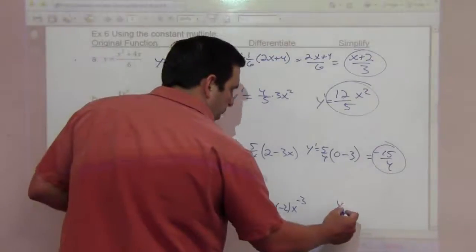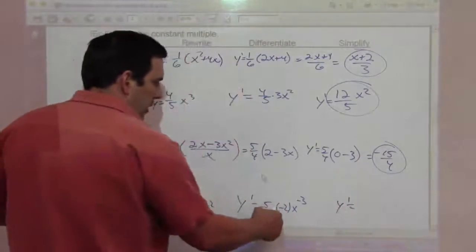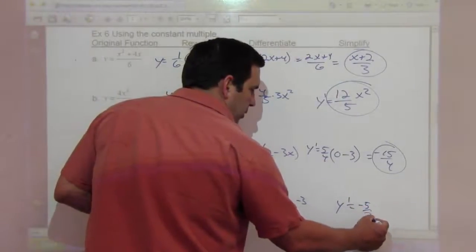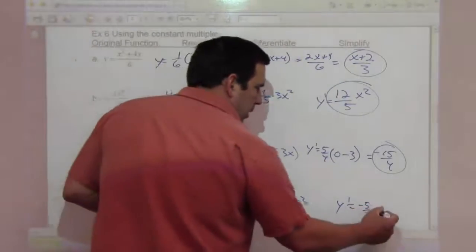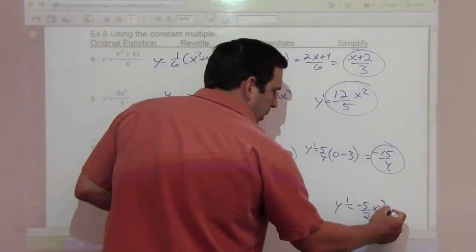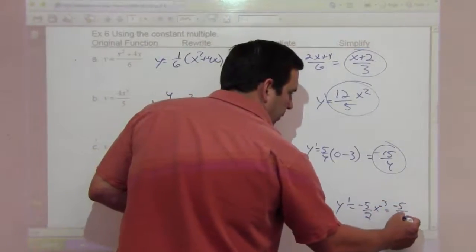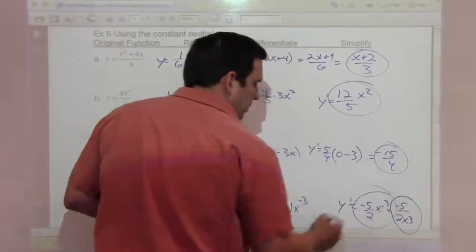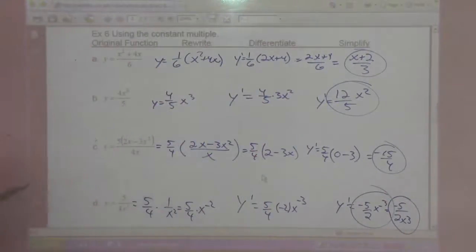And to simplify that, y prime would be, this reduces, negative 5 over 2, because of the negative, x to the negative 3 or negative 5 over 2x cubed. I'll take both these answers. Let's go on to the next page.